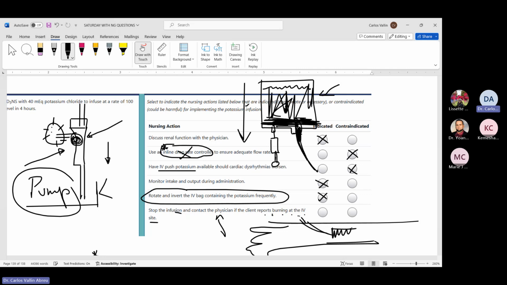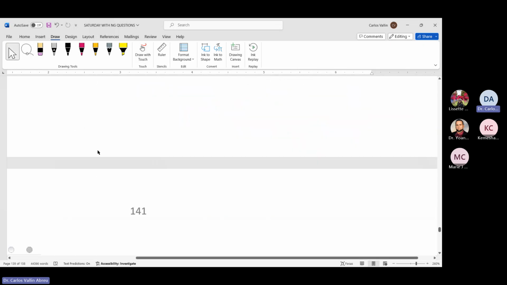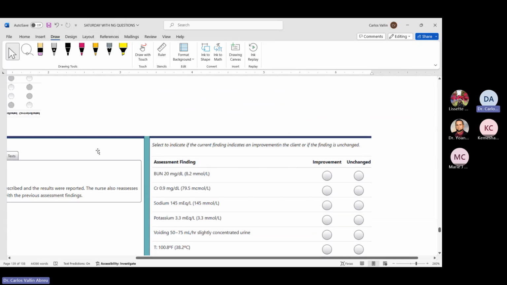But you need to know that this is a common, almost constant complaint of clients receiving peripheral IV potassium. That's why the potassium should be given very diluted, like in this case, and why it's much better to give the potassium through a central catheter than from a peripheral catheter.